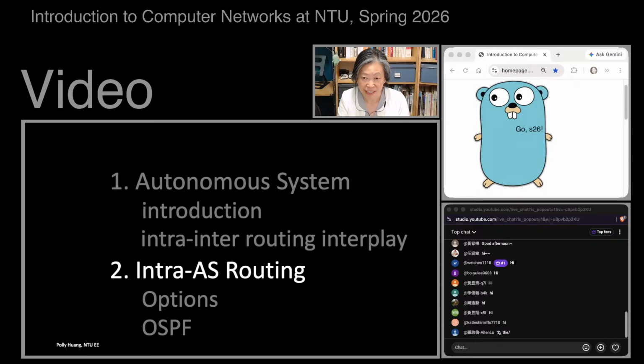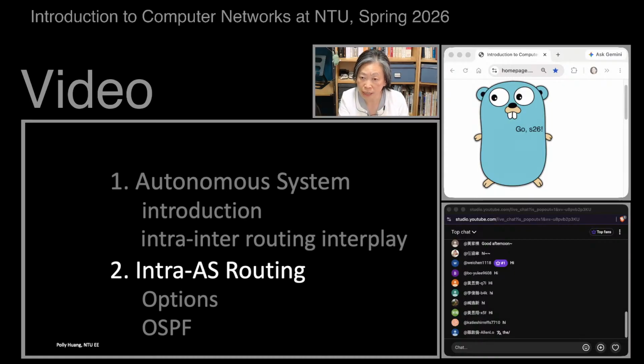Later on, when we talk about exactly which protocol we use for inter-AES routing and how it interacts with the intra-AES routing, you'll see exactly how that forwarding table is established. At this moment I understand it sounds a little bit fuzzy, but later you will see concrete examples.